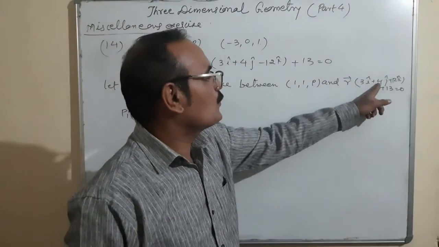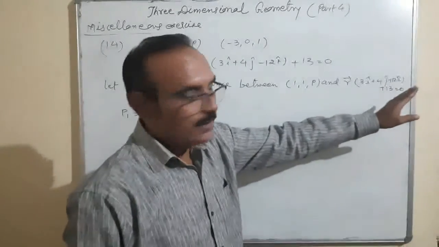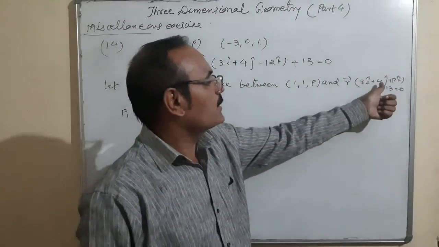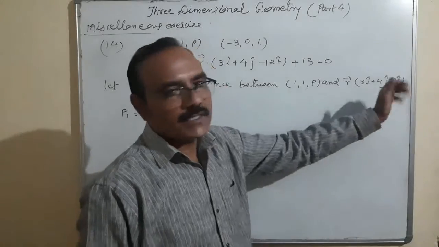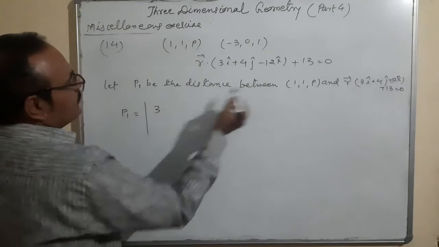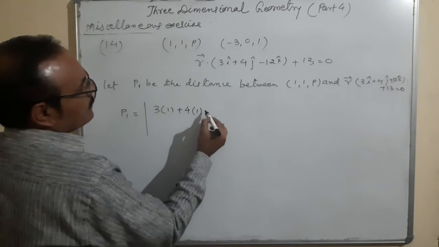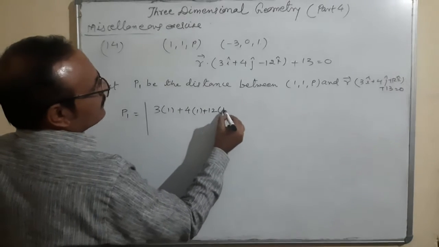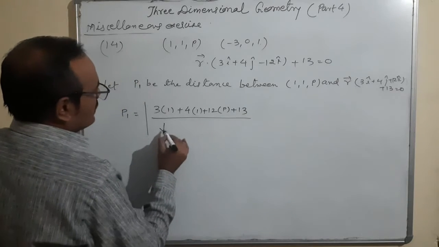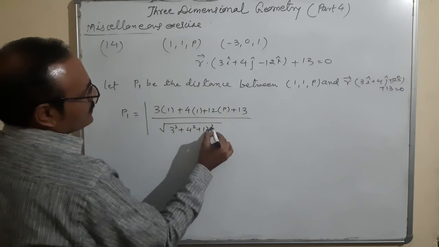When we convert it to the Cartesian form, it is 3x plus 4y minus 12z plus 13 is equal to 0. So 3x means it is 3 times 1, plus 4y, plus 12zp, plus 13 upon under root 3 square plus 4 square plus 12 square.